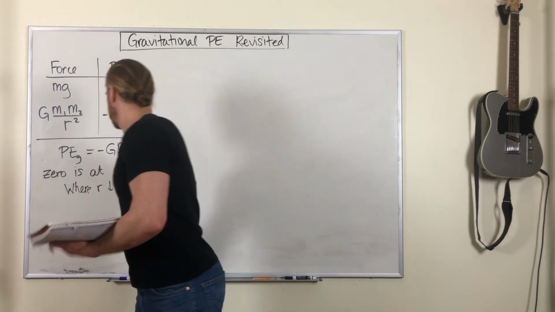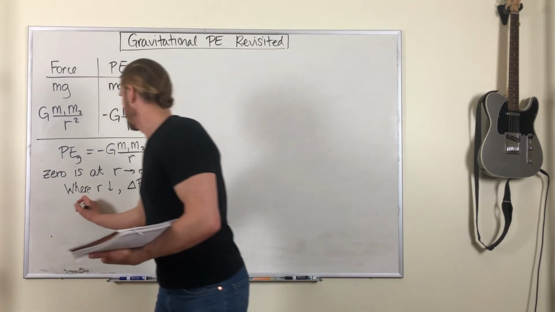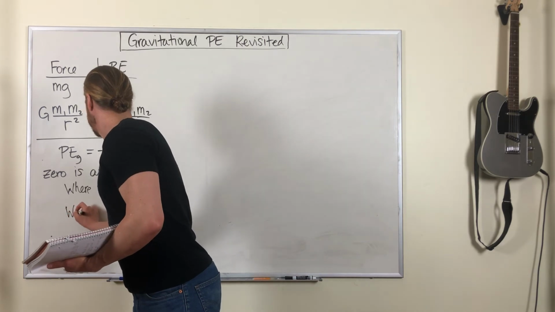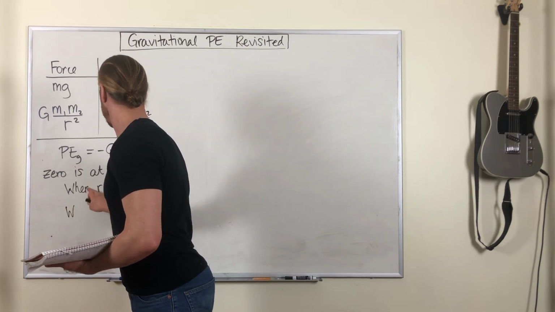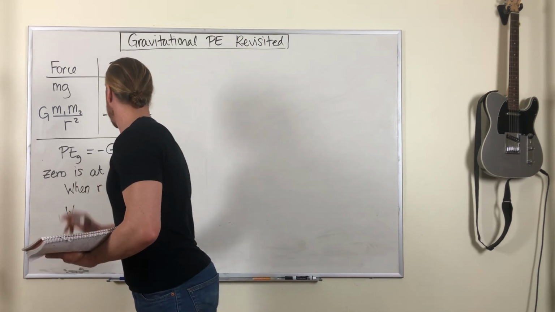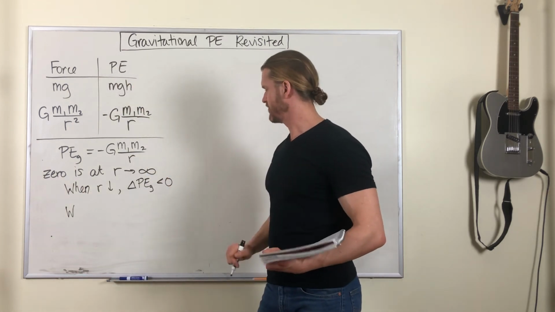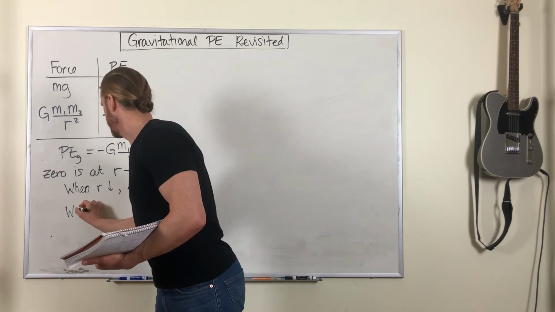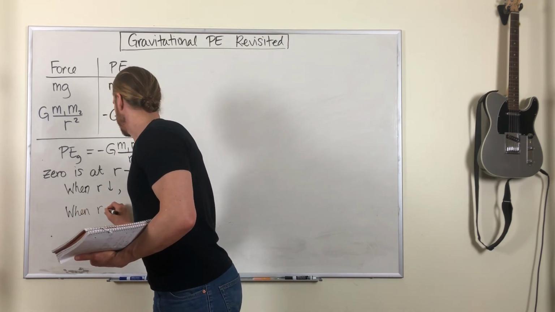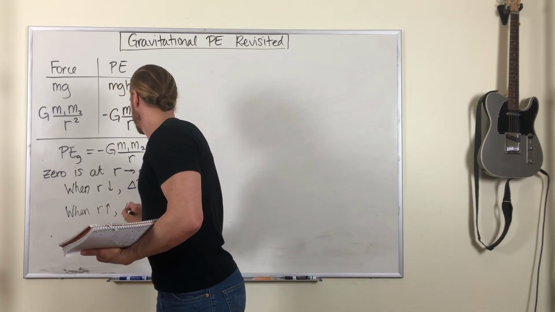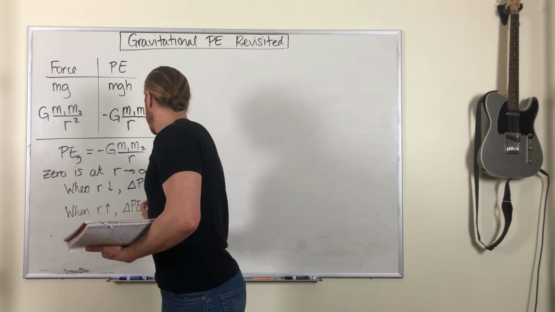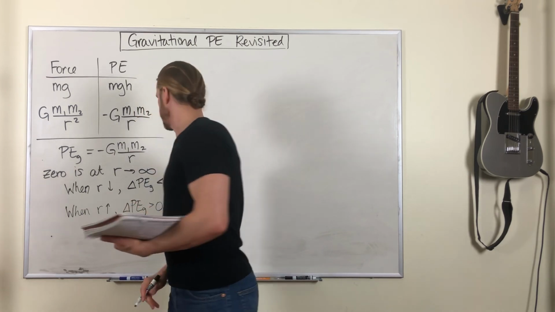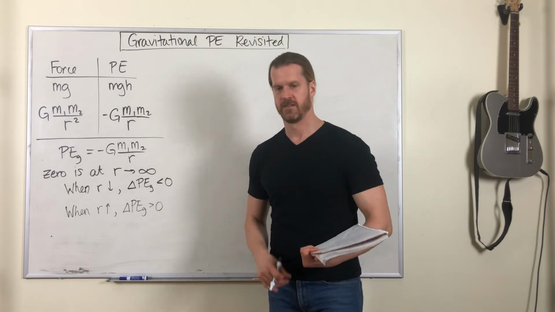Actually, I meant to say when r decreases, change in potential energy is negative. Okay. And when that distance increases, the change in gravitational potential energy is positive.